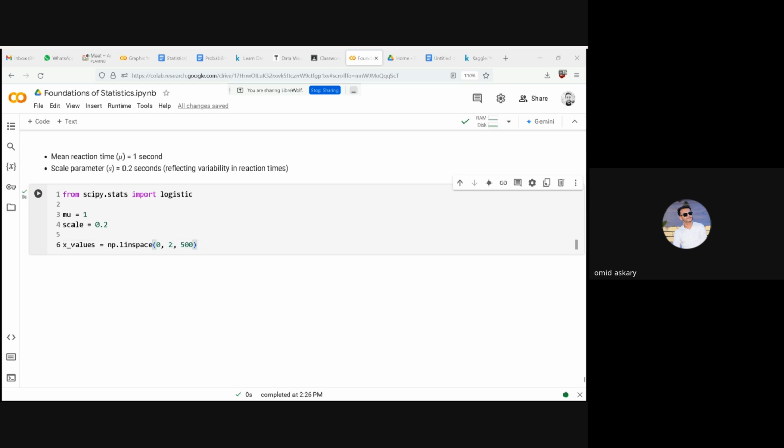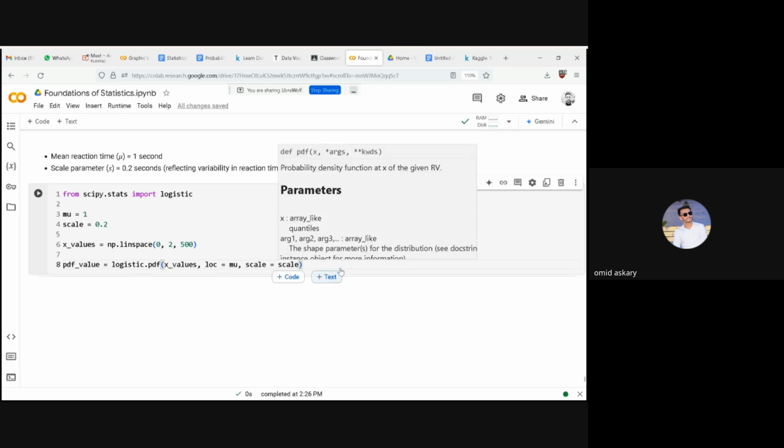Now let's calculate this logistic PDF value, using the x values, where location will be mu, and scale will be scale, which is 0.2.